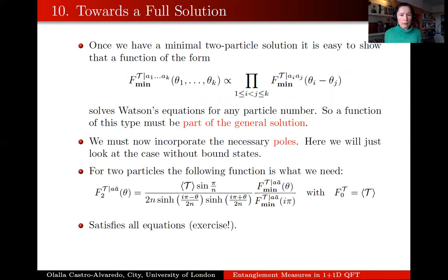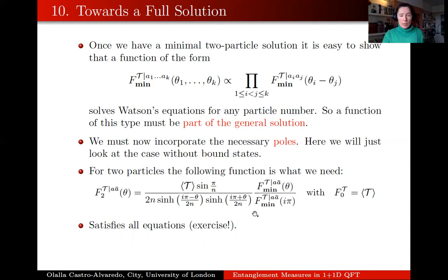So for two particles living in the same copy, so forget about copy indices for now, a correct solution to that problem is this. So here you have your minimal form factor that we talked about. And here you have the poles, okay? So this gives you actually two poles, which are at i pi and at i pi times (2n minus 1). So the pole at i pi is the kinematic pole, and the other one is the corresponding pole that you get by crossing, by the last equation.